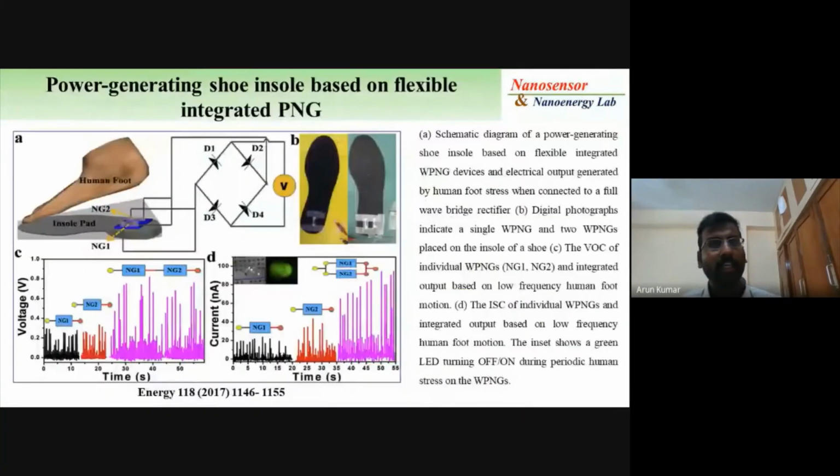Then we used another device, which we connected in the sole. Whenever there is human motion, like whenever we walk, it harvests the energy. And by using the same signal, we can calculate the frequency and understand the force applied on the device by the person.